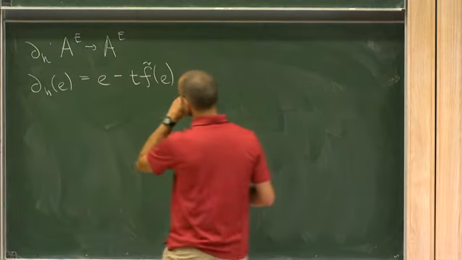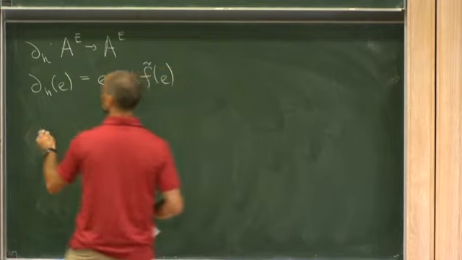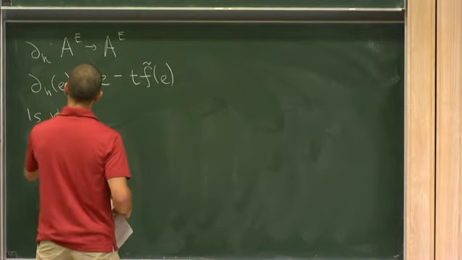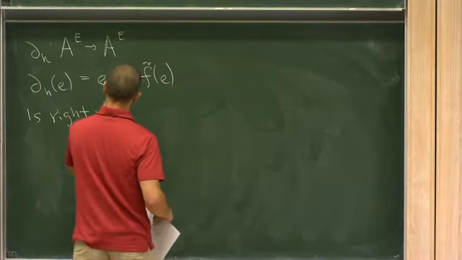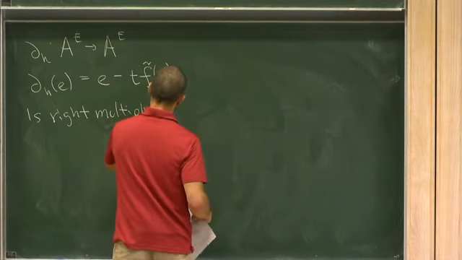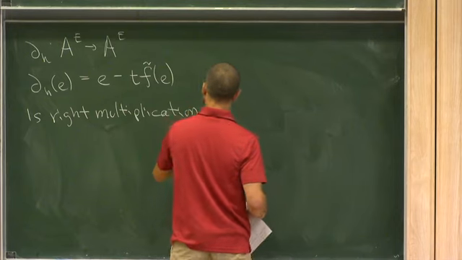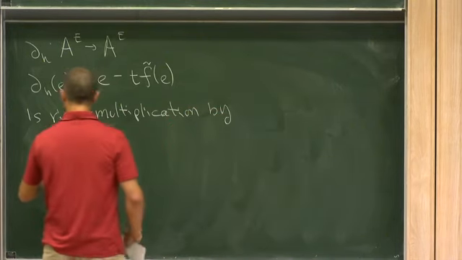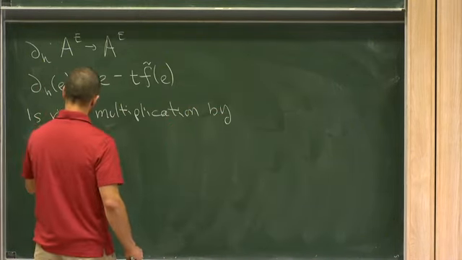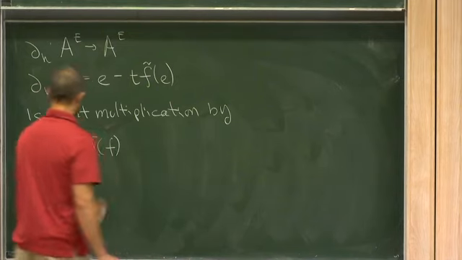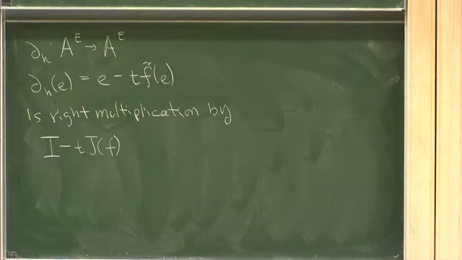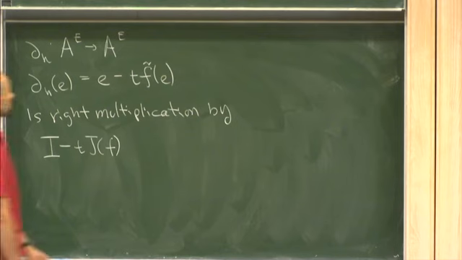And you can write this as a matrix multiplication. So this is right multiplication by this matrix. It's the identity, coming from the first piece, there's this T, and then there's this matrix J, which is what's called the Jacobian.